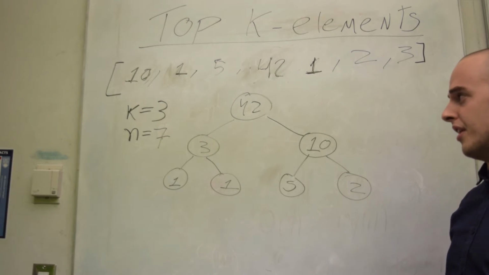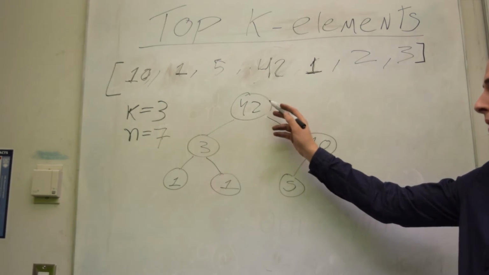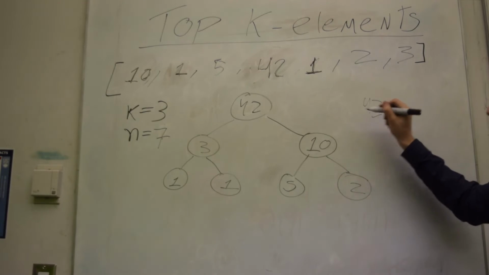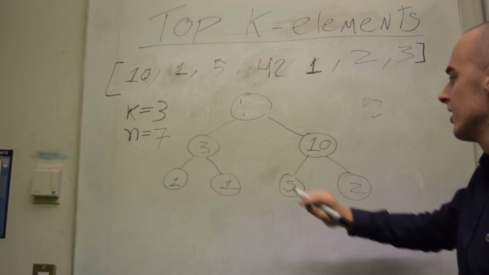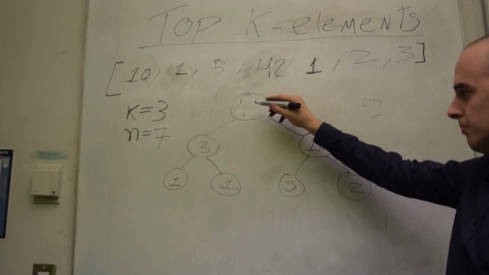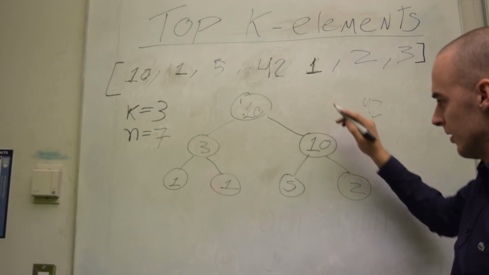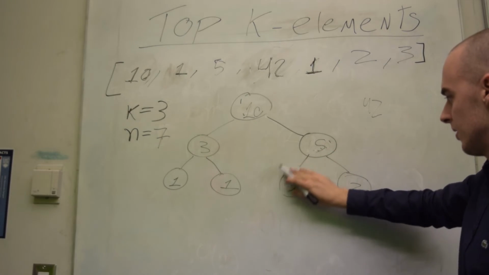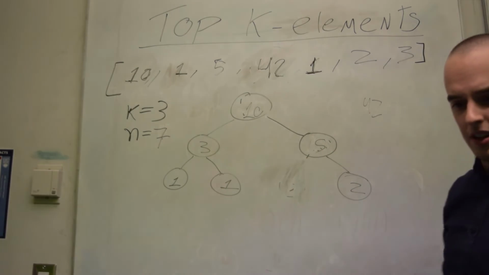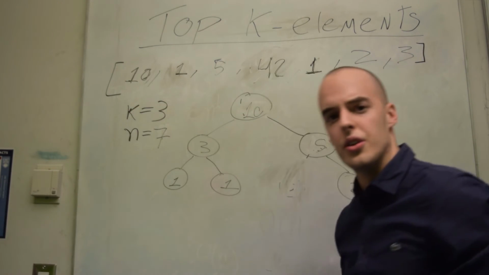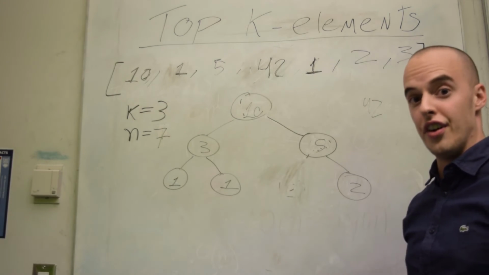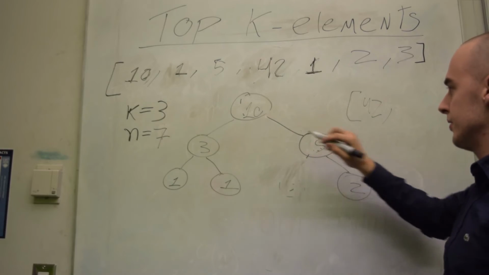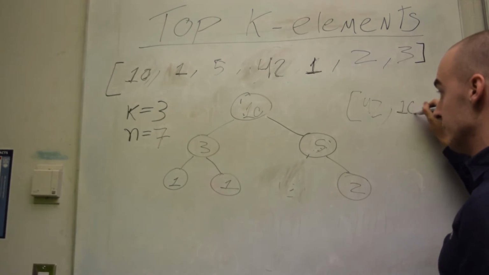Having built up this intuition and our max heap, we're going to run through the algorithm, and the algorithm is very simple. We just remove the top element, which is, in this case, 42. We bubble up another element, and we do that for every one of our k elements. On the next step, we remove 10 and put it on our response array.